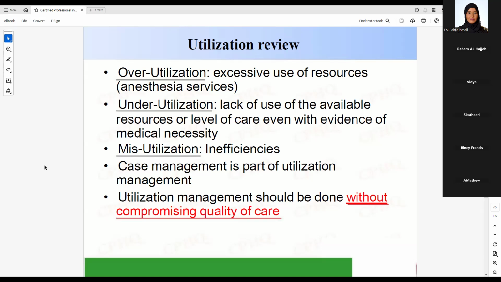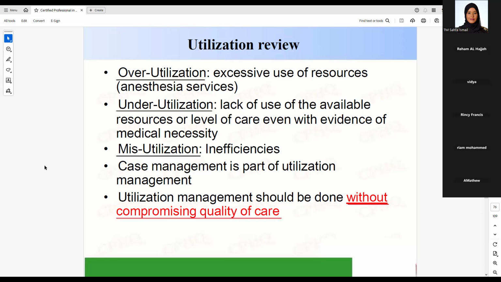Like using general anesthesia for endoscopy instead of conscious sedation. Because now we're using a lot of general anesthesia for endoscopy, although it's safe to use conscious sedation. Okay, so using general anesthesia instead of a sedation or a local anesthesia in some cases. That's true. What else? Overutilization.